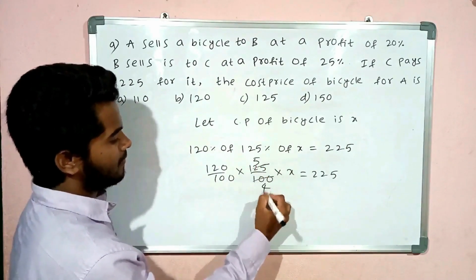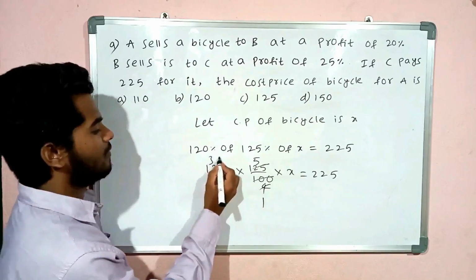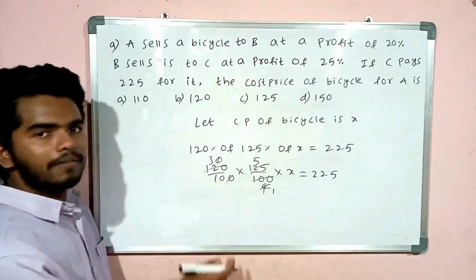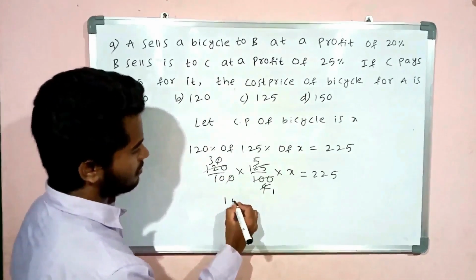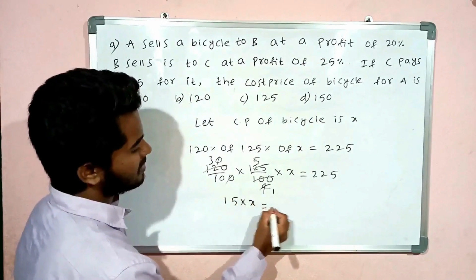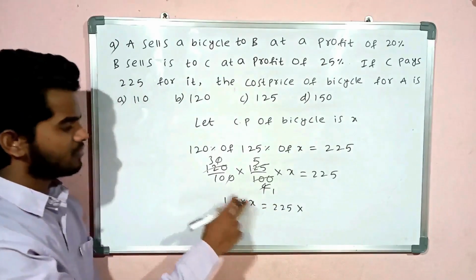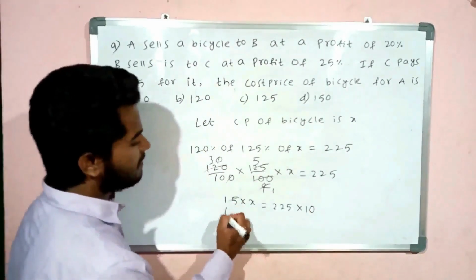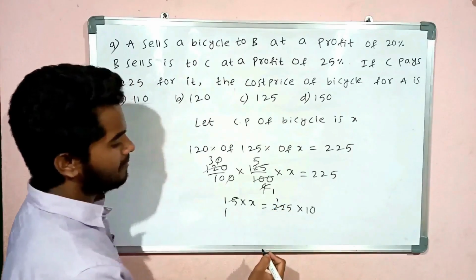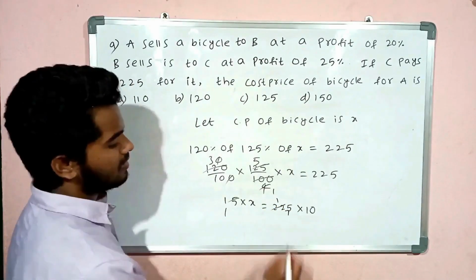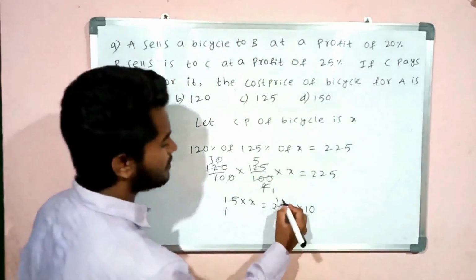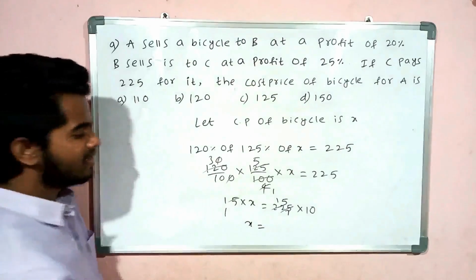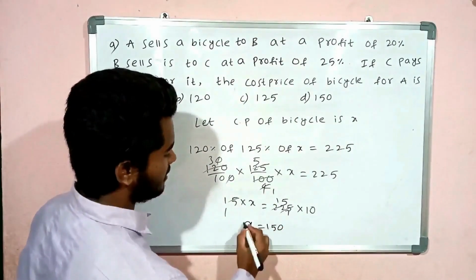Simplifying, 15 into X equals 2250, so X equals 150.